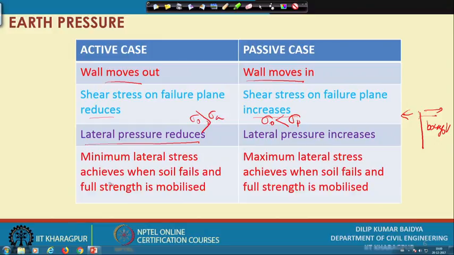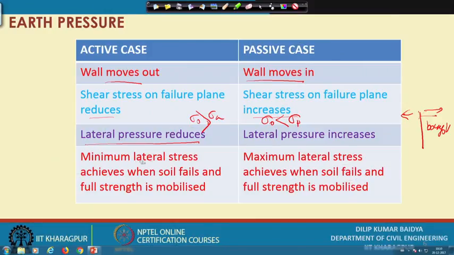The minimum lateral stress is achieved when soil fails and full strength is mobilized, and similarly the maximum lateral stress is achieved when soil fails and full strength is mobilized. So, from sigma naught we finally reach sigma a, and from sigma naught to sigma p here, just before failure.